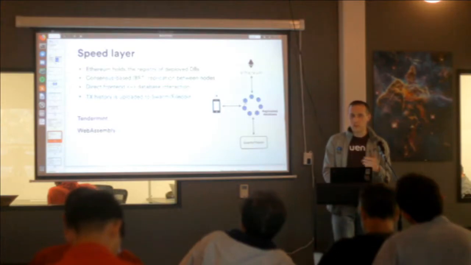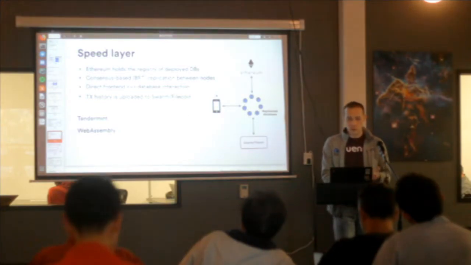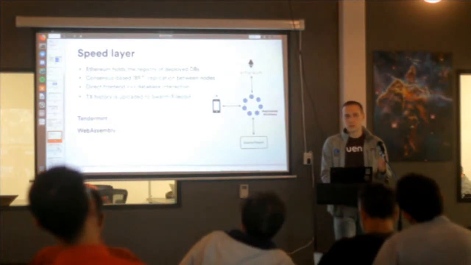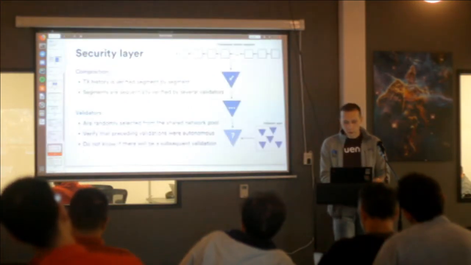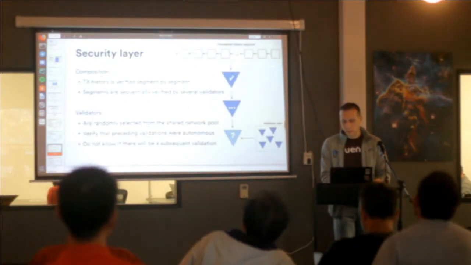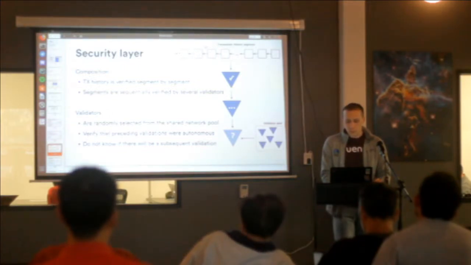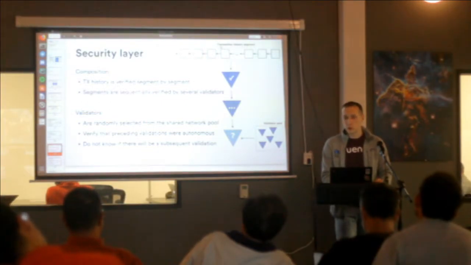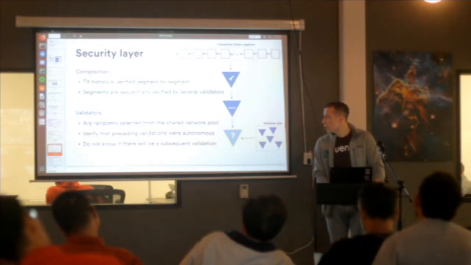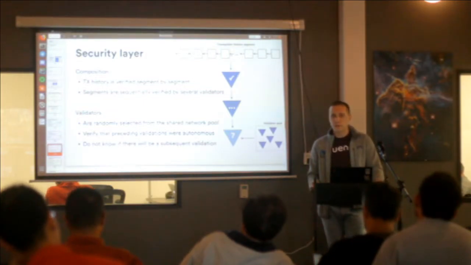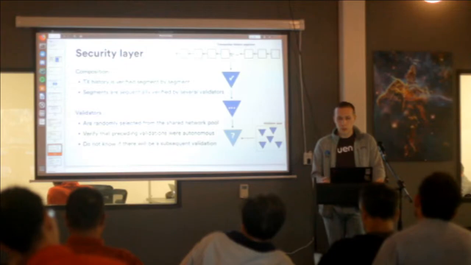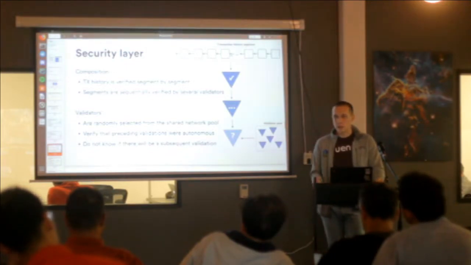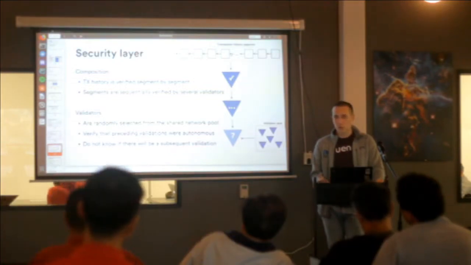Once the history of those transactions is stored in Swarm, it's stored block by block there. So we have a transaction history, and we have a validation mechanism that allows us to take a fragment of the transaction history, basically a few blocks, and replay them to verify whether the state changes made by the real-time database were correct.